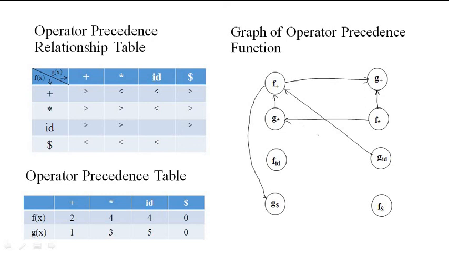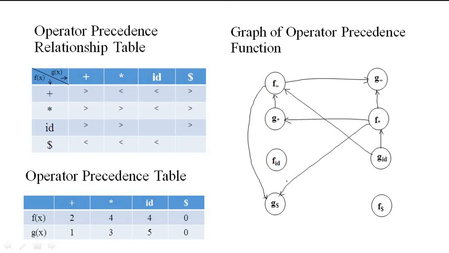Next, F star to G ID. G ID is the greater precedence, so it's outward. F star to G dollar.